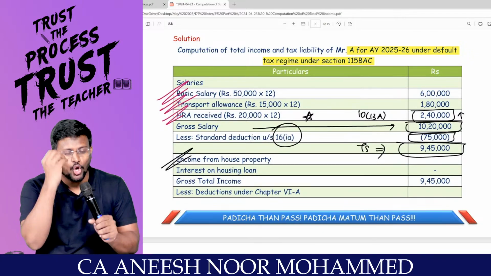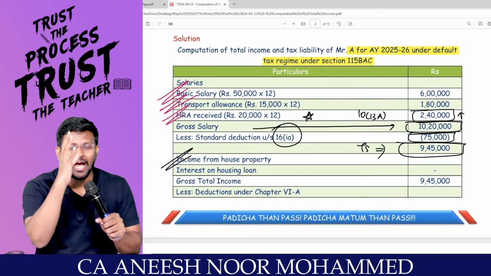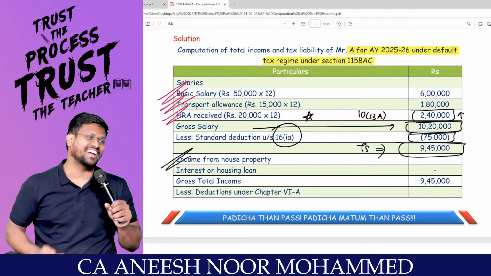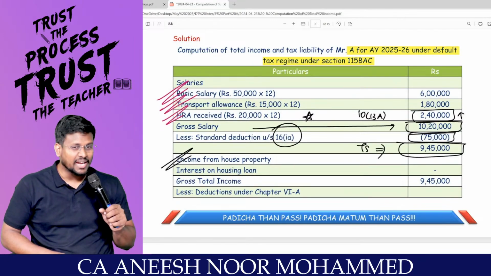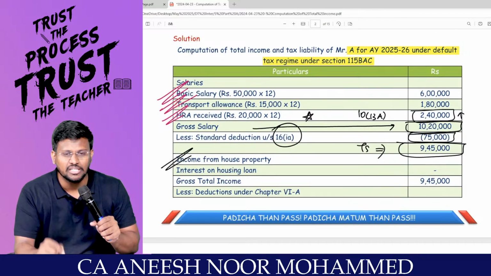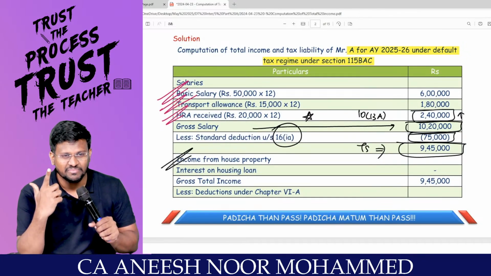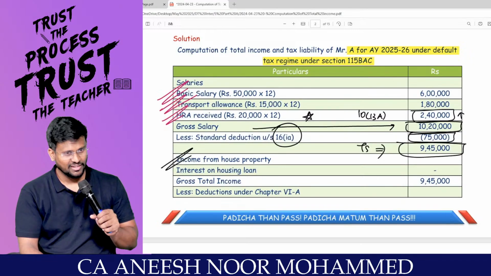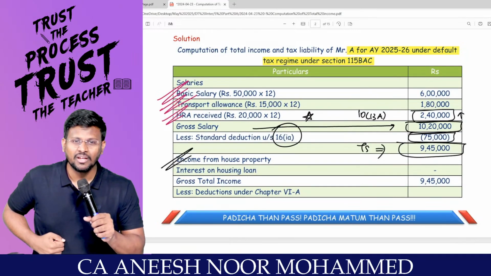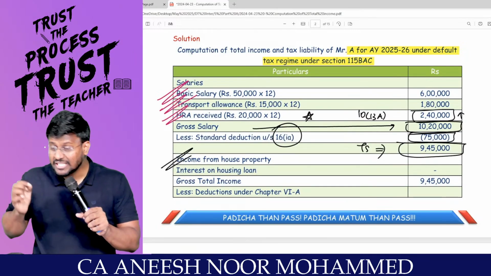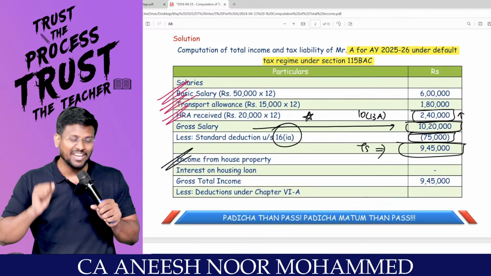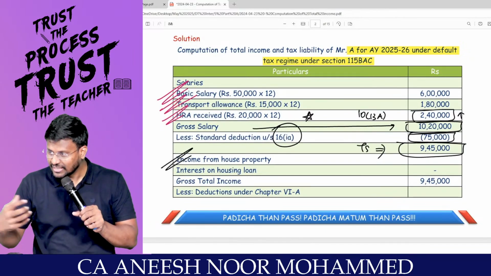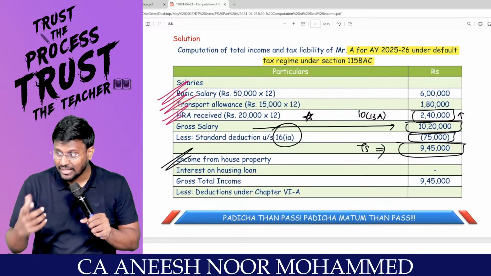Sir, there is no concept of interest on borrowed capital at all under the default tax regime. That means under the default tax regime, there is only one house. There is no concept of LOP. My dear viewers, SOP means self-occupied property and LOP means let-out property. Because anyone seeing this video for the first time may ask what is SOP.